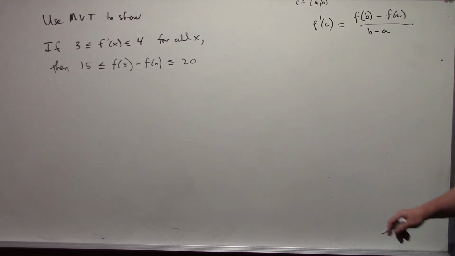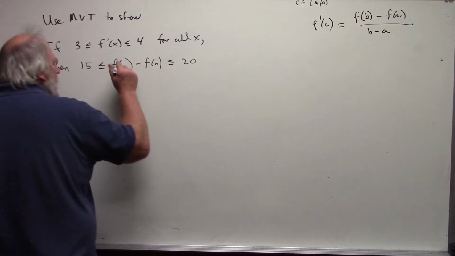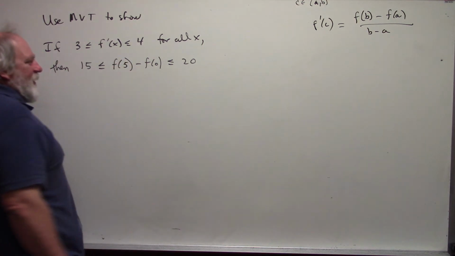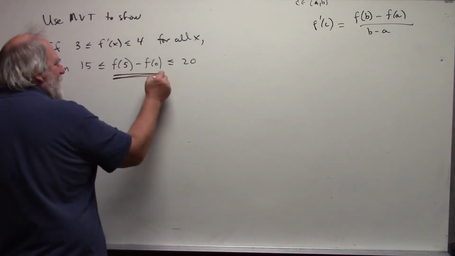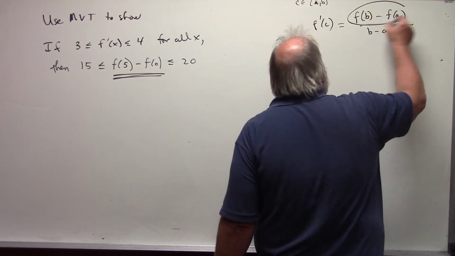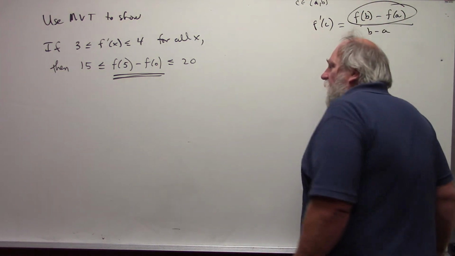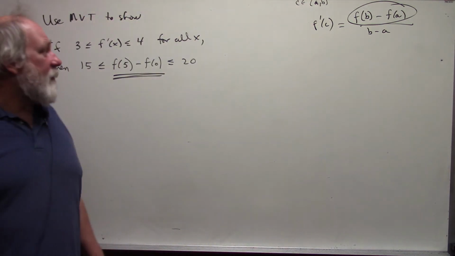Now, if I want to deal with what I'm given, we look for something that looks similar. And notice this f of 5 minus f of 0, and over here I have f of b minus f of a. And so let's use MVT on the interval from 0 to 5.